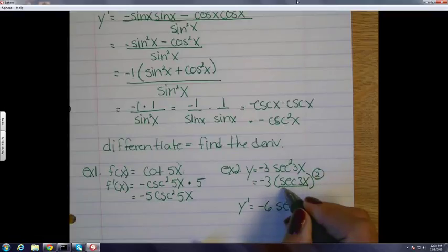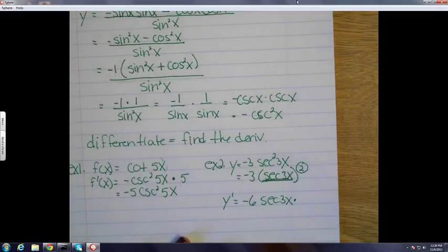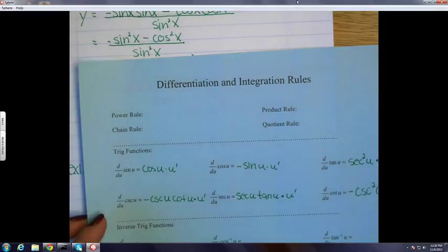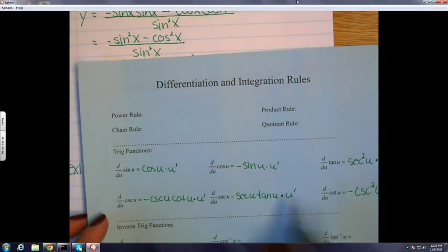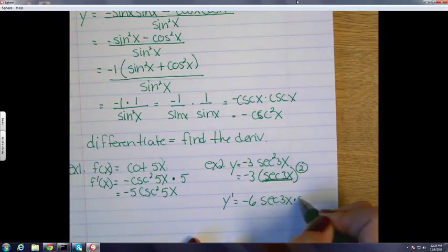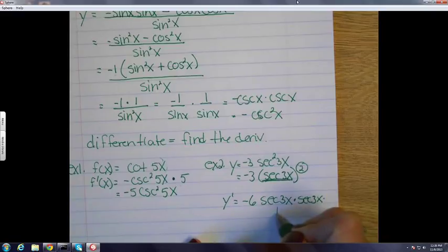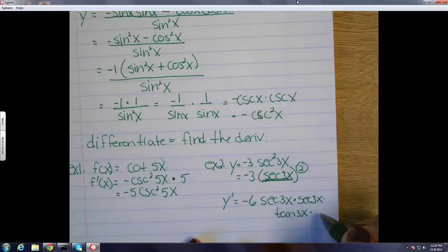Now I got to come to the inside derivative. The inside is a trig function, it's secant. Well, secant's derivative is, if you look on your blue sheet, secant of the angle times tangent of the angle times derivative of the angle. So I'm not going to have nearly enough room here. Secant 3x times tangent 3x times derivative of the angle, which is 3.